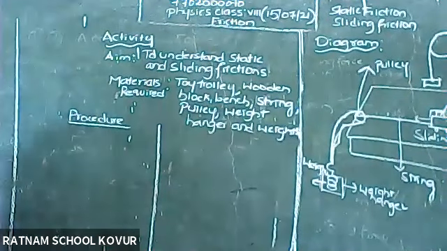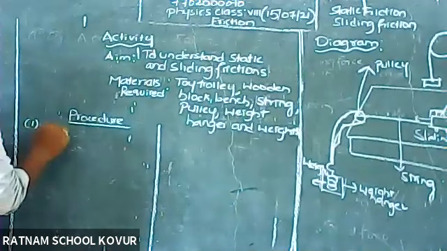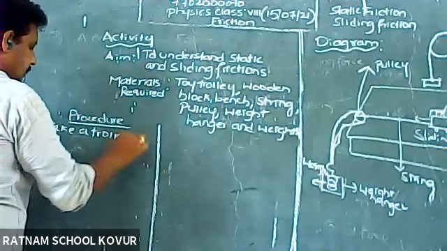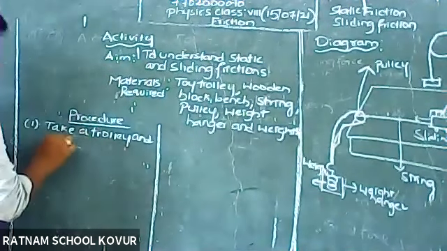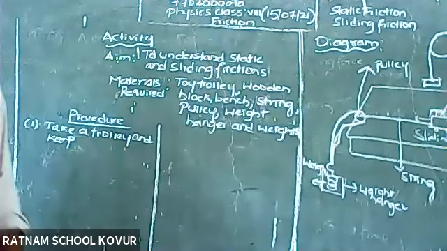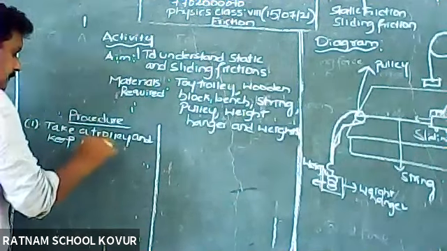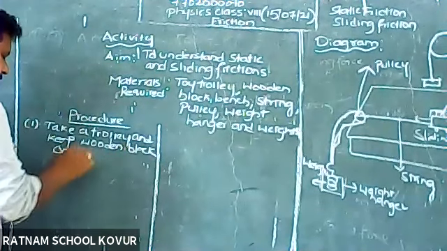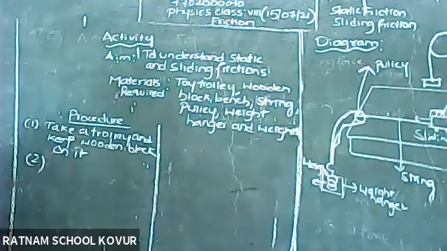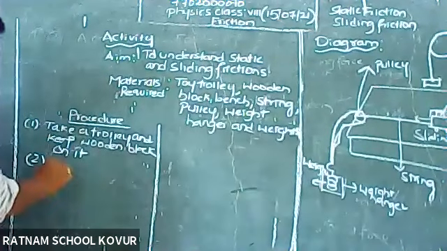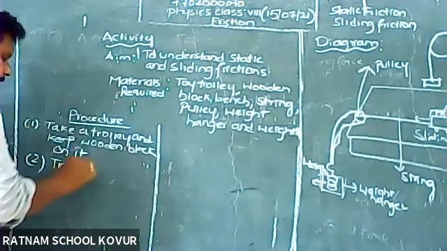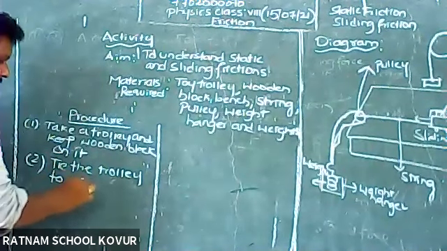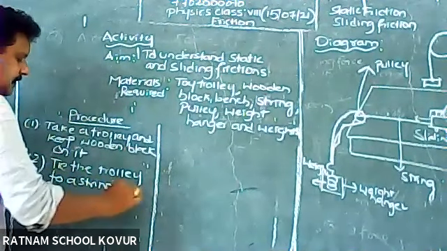Procedure, first point: take a trolley and keep a wooden block on it. Second point: tie the trolley to a string which is attached to the pulley.